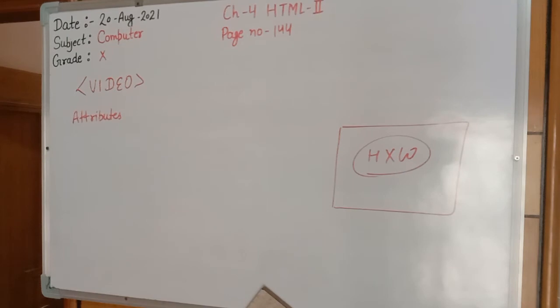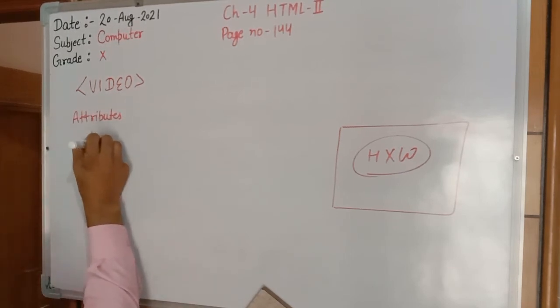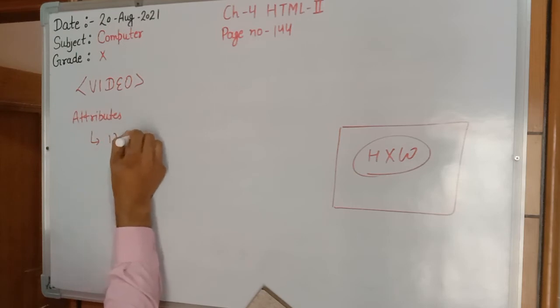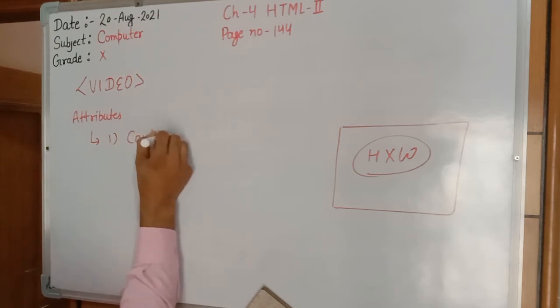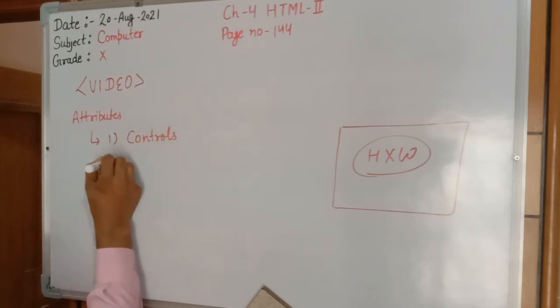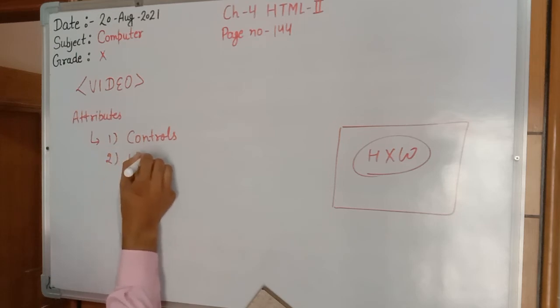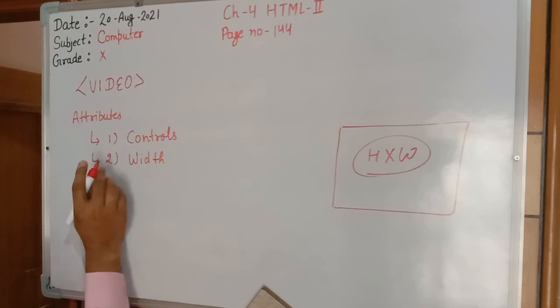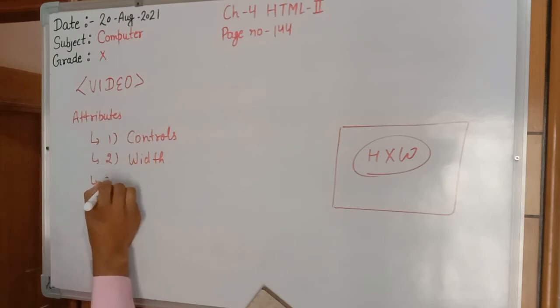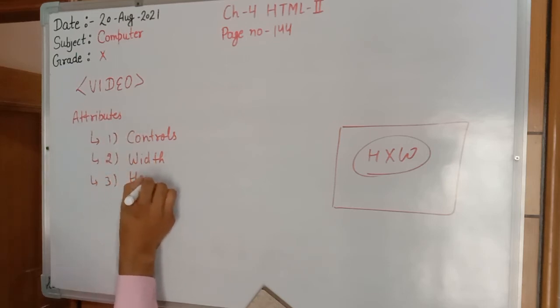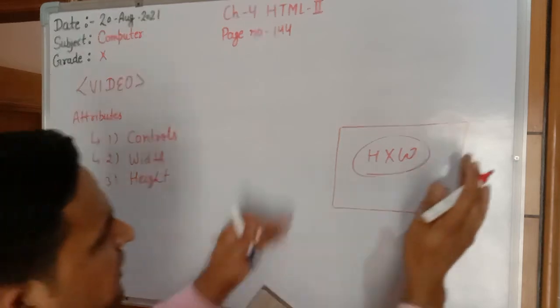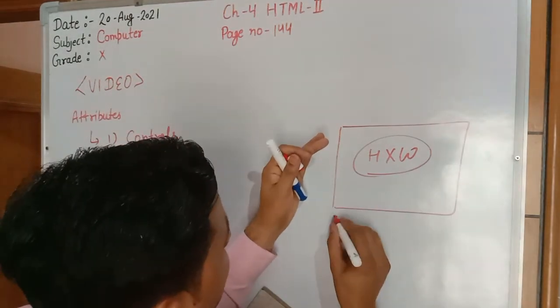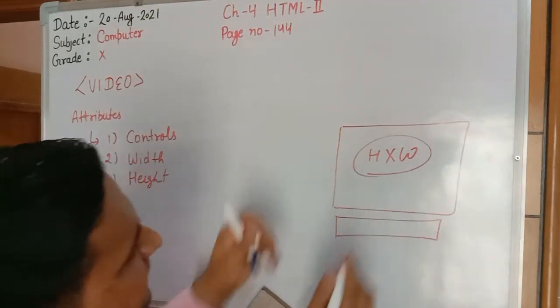So the attributes of the video tag are controls, to display the video control on screen, second is the width of the screen, and third is the height of the screen, the height of your video area that will display the video.